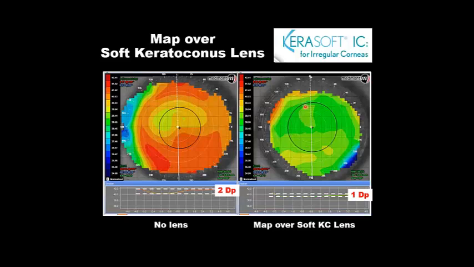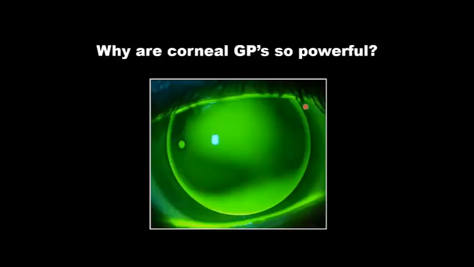Effectively, the thick soft lens is able to take out the high and the low points and give you a much smoother anterior surface. So we don't always need a scleral lens. Cardinal does have options for you when a scleral lens may not be the lens you need. There might be other options, and soft lenses certainly are easy for patients to tolerate.